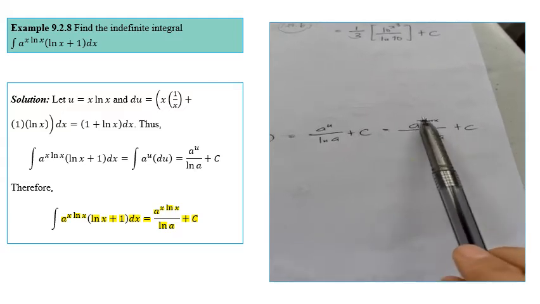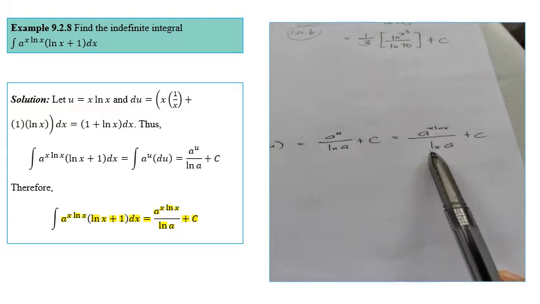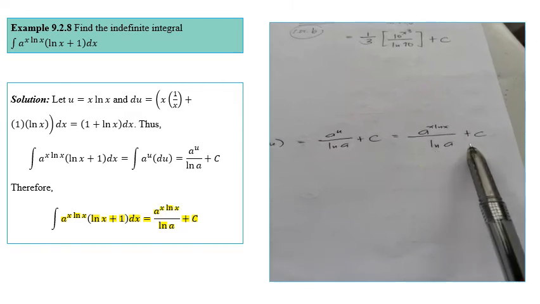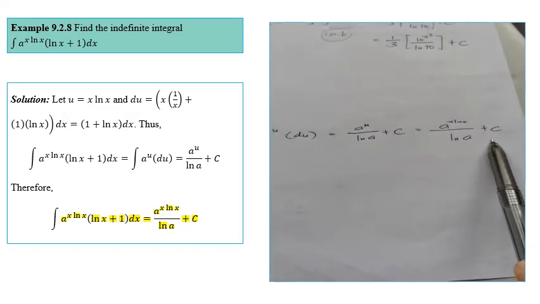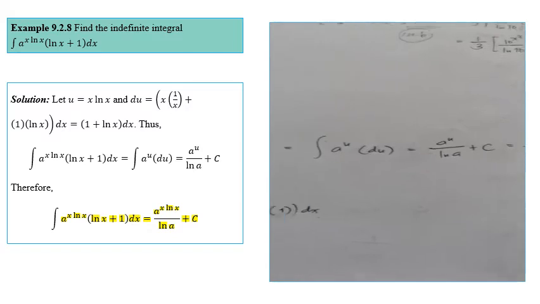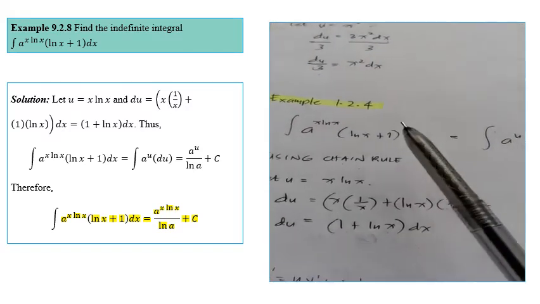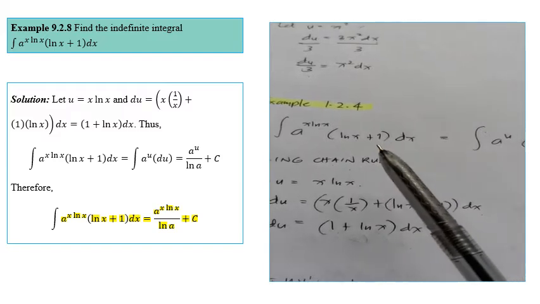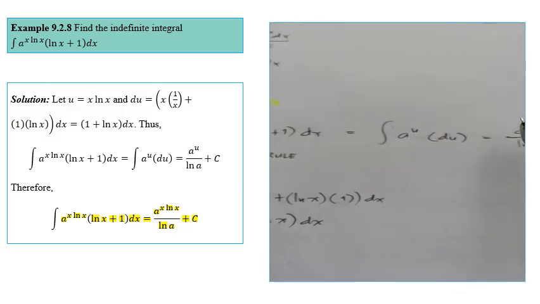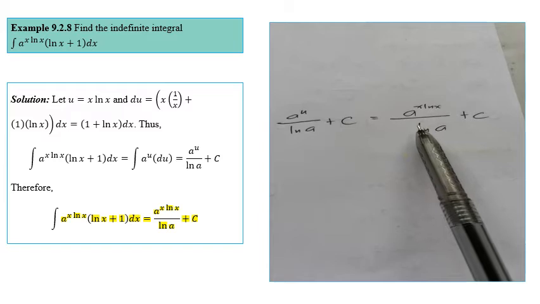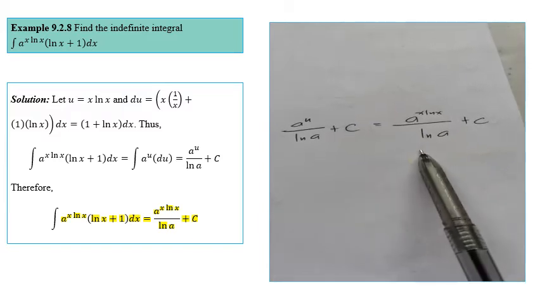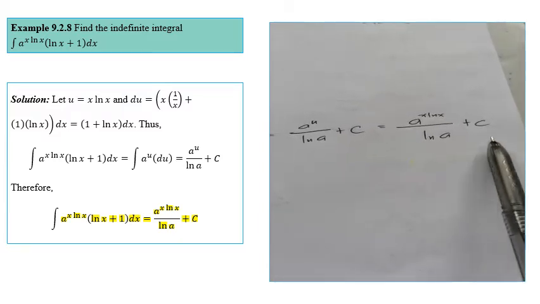So, a raised to the power of x ln of x over the ln of a plus the constant c. So, therefore, ang integral ni a to the power of x ln of x times ln of x plus 1 dx is equal to a raised to the power of x ln of x over the ln of a plus the constant c.